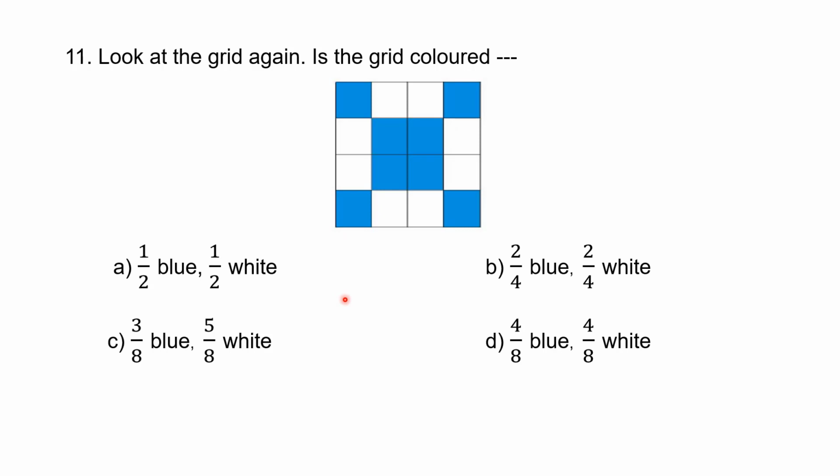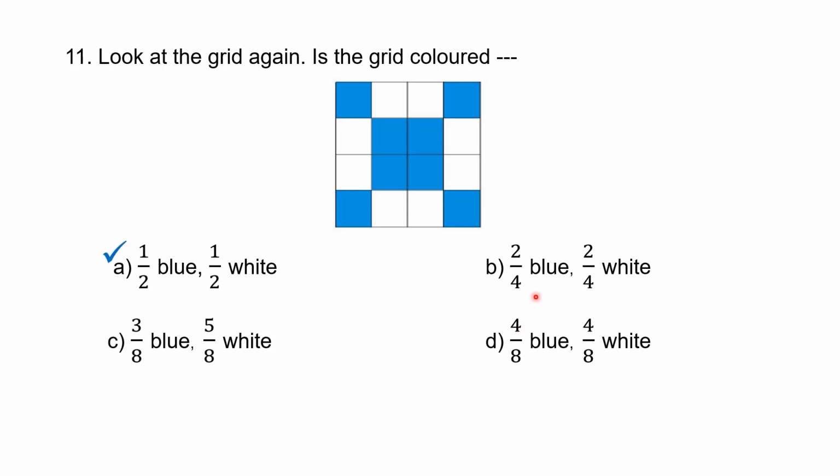We have already done this one in the solution of 9th problem. In the same way, the white colored part is 8 out of 16, 8 by 16, that is half white, half blue, half white. A option is correct.